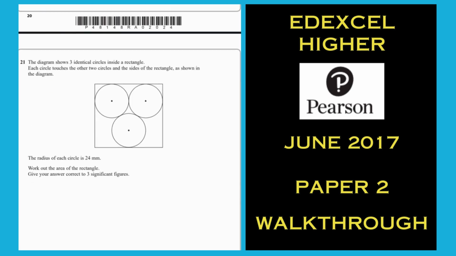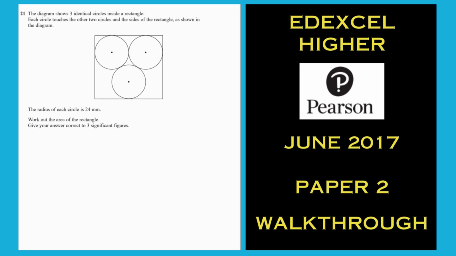Number 21. So, how do we work out the area of a rectangle? Well, it's length times height. Well, the width of this rectangle, or this distance along here, is really easy, because you're told the radius of each circle is 24. So that's 1, 2, 3, 4 lots.